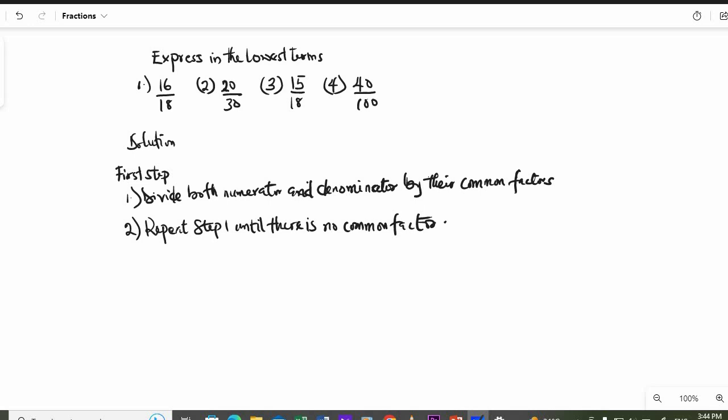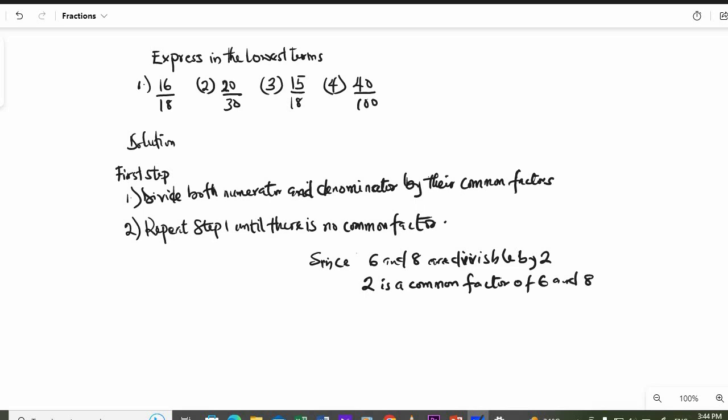Okay, so for example, since 6 and 8 are both divisible by 2, we say 2 is a common factor of 6 and 8.